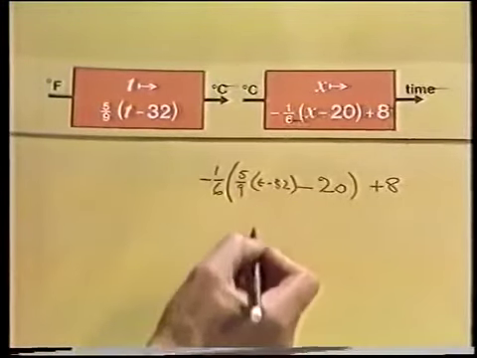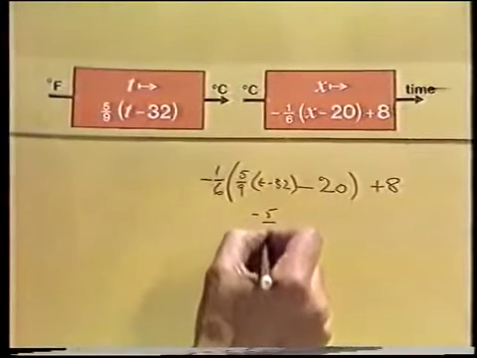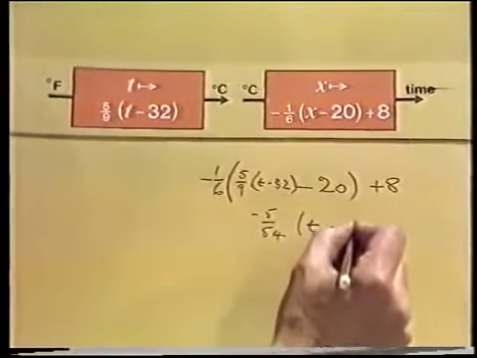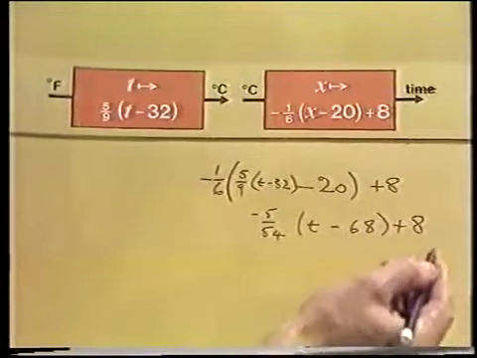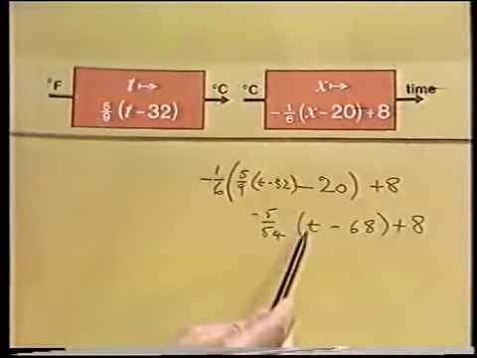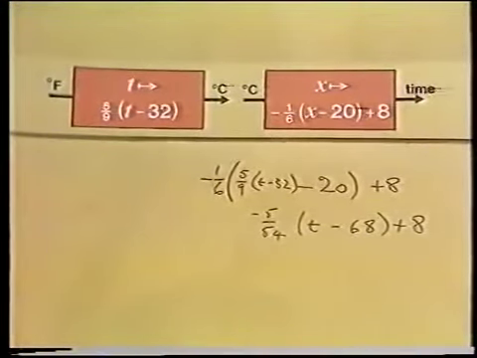Now I worked all that lot out before the program, and it comes to -5/54 times t minus 68, add 8. That's an expression in t. It's my developing time in terms of temperature in degrees Fahrenheit. That's my rule for the composite function.